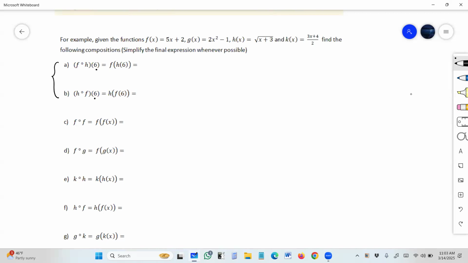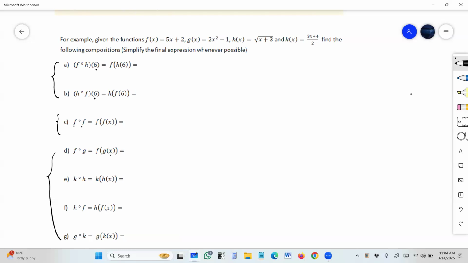Then with these other ones, we just perform the composition without evaluating at a particular point. And then there is the special one, where I wanted to show you it's okay to evaluate a function at the same function. So f compose f or g compose g, those are okay. It's just a function of another function.